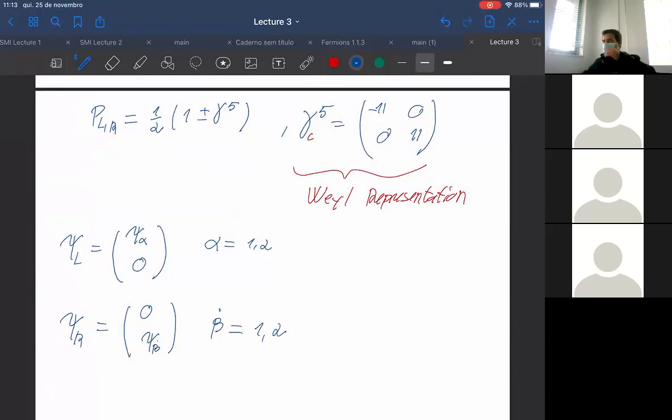The dot is to tell you that dotted and undotted indices transform differently under Lorentz transformations.